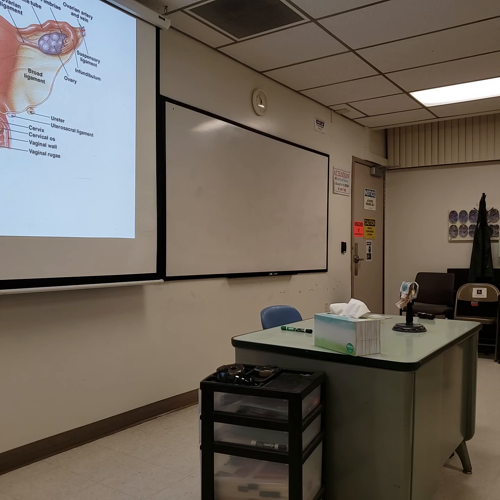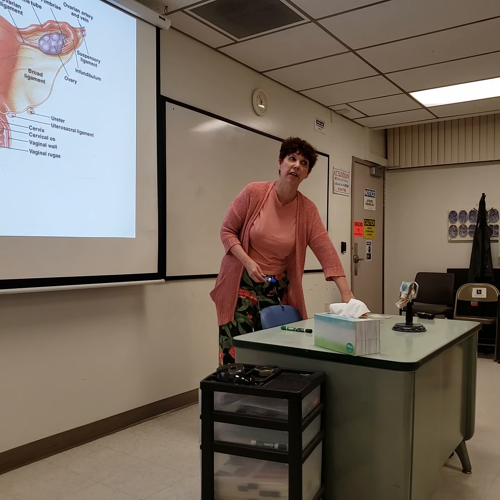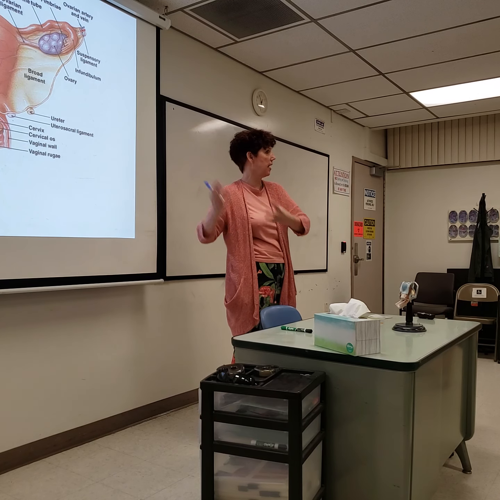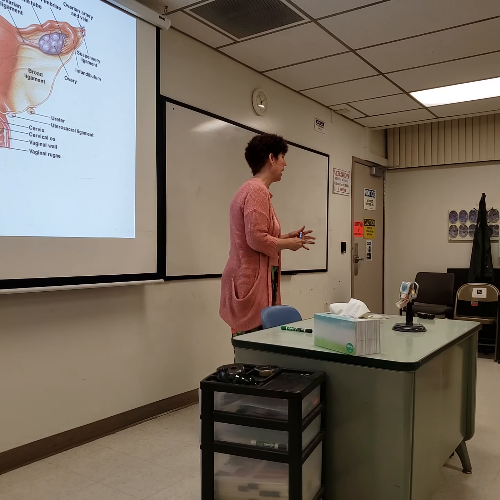All right, so if you recall, when we talked about the testis, and don't worry, we're not going to go through all the layers of the scrotum or the spermatic cord because the ovary does not move through that, so we don't have those structures.